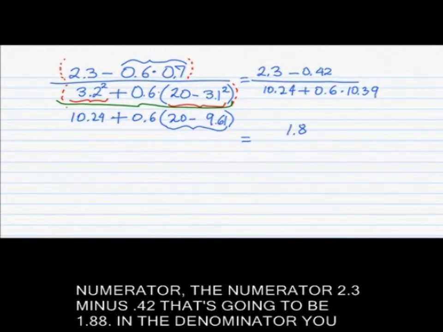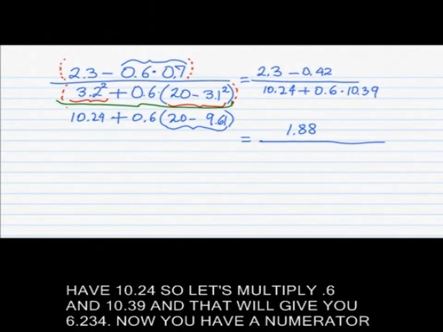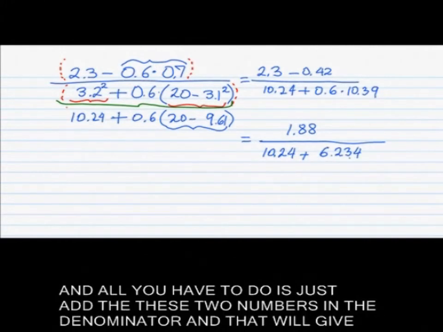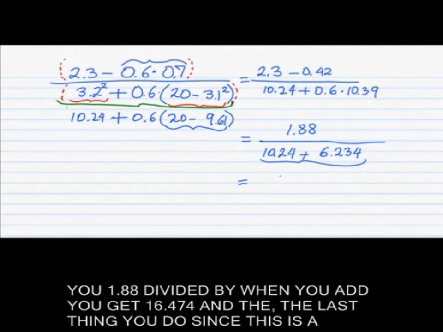In the denominator you have 10.24. So let's multiply 0.6 and 10.39, and that will give you 6.234. Now you have a numerator, and all you have to do is just add these two numbers in the denominator, and that will give you 1.88 divided by, when you add, you get 16.474.